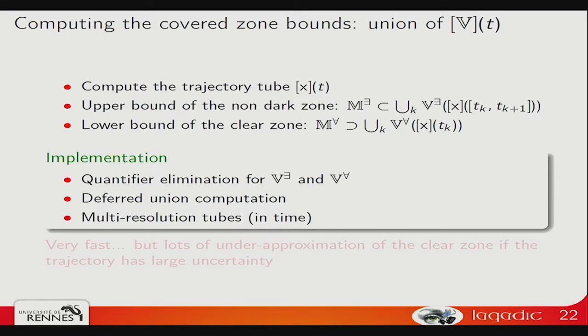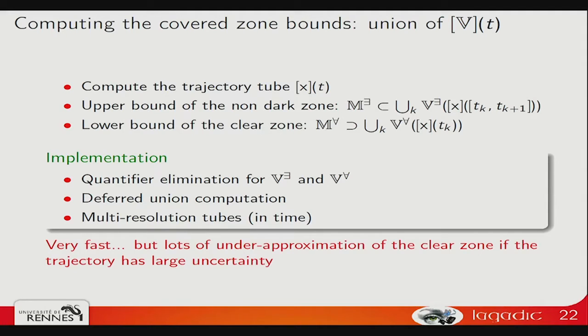Also, we don't compute explicitly each visible zone and then do the union because it's too costly, so we defer the evaluation to the last time. I also have in the implementation multi-resolution tubes in time to increase the speed, by pruning parts of the tube that are not needed.